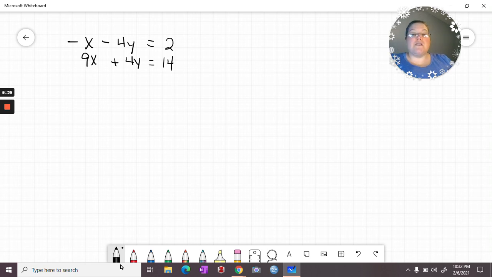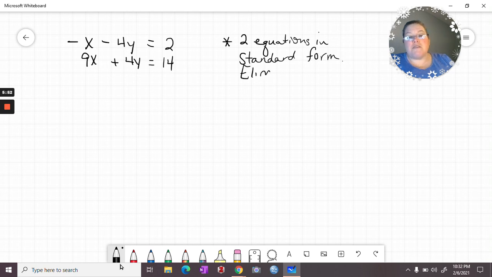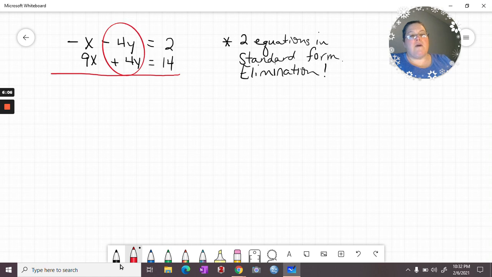So I'm going to notice my structure, two equations in standard form. Okay, so this guides my thinking to the elimination method. All right, so what I'm going to do is look at my values here with my y's, negative 4y and positive 4y.